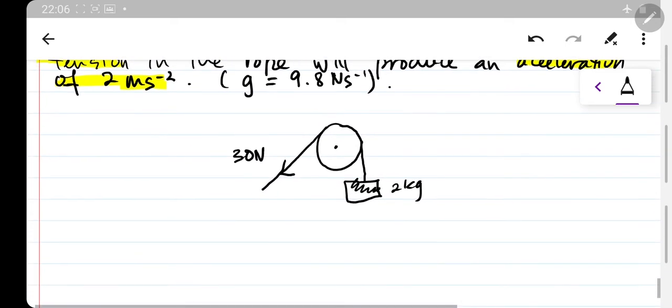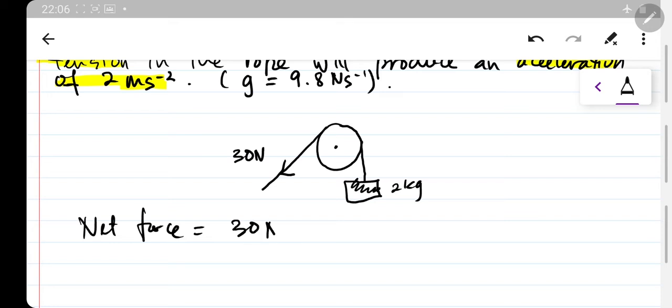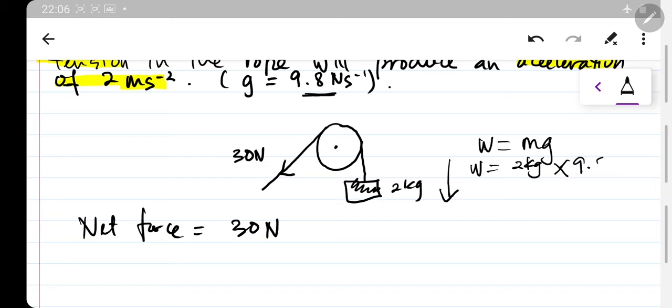So first we need to find net force. Net force equals 30 Newton, and the force exerted by this body downward. For that we need to use the weight formula, mg. So weight equals 2 kg multiplied by 9.8, given to us, so we get 19.6 Newton.